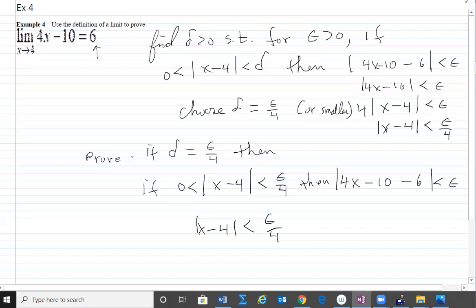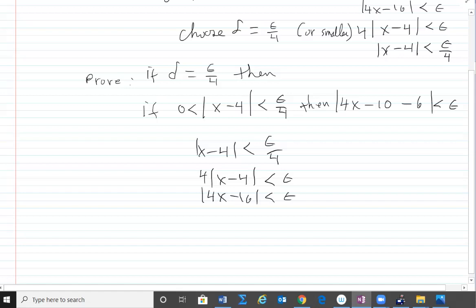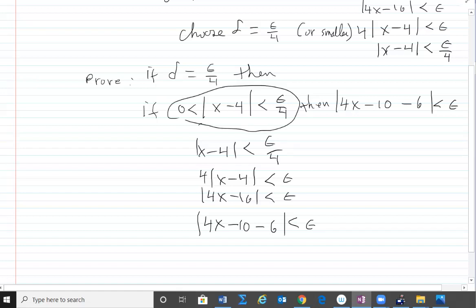Then I have a 4 times x minus 4 less than epsilon, which means I have a 4x minus 16 less than epsilon, which means, and keep in mind where we're going with it, I have this. So whenever I have this statement, I necessarily have this one, which means the limit must be 6, according to our definition.